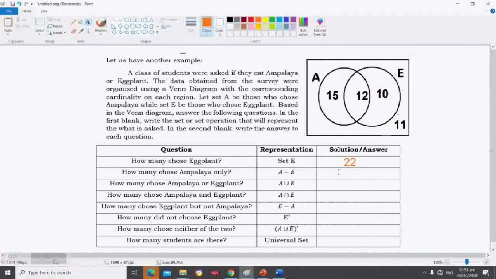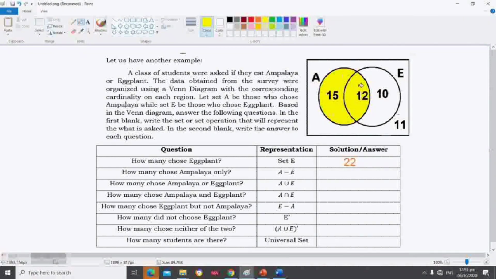Okay, let's have the next question. How many chose ampalaya only? So let us go back to the figure. The one that will represent those who chose ampalaya is this one. But the question is, how many chose ampalaya only? So it means you have to subtract those who chose eggplant also.